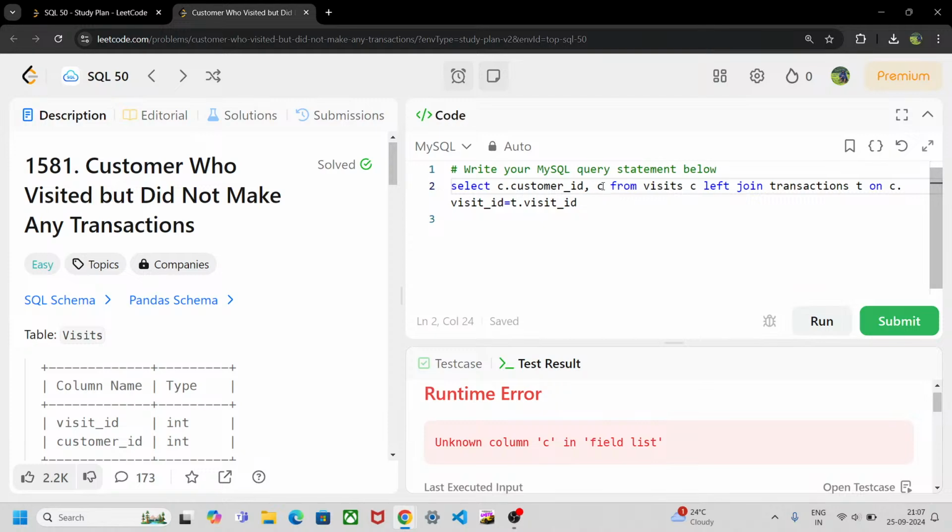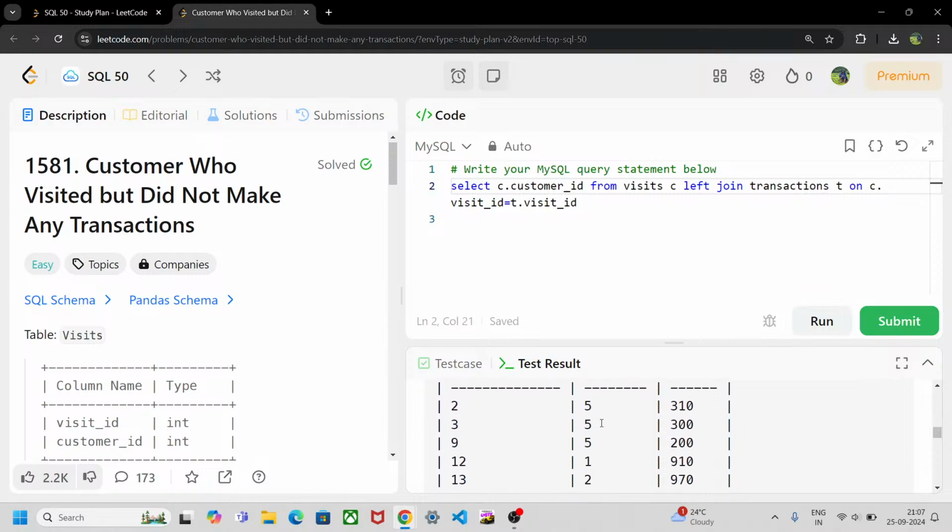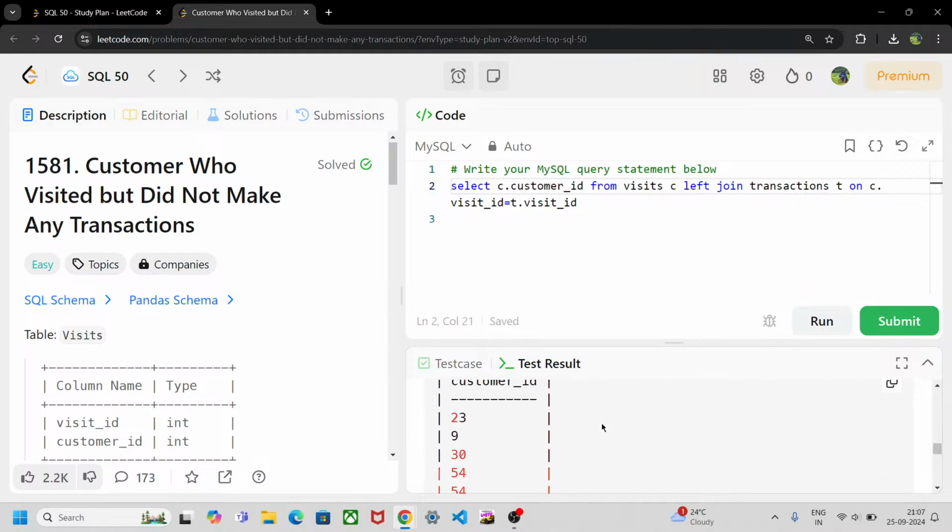Okay, just a second now. We don't need the count of transactions here. Let's select the customer ID instead. Here you can see 1 2 3 4 5 6 7 8 9. So how is it joining 23 and 9?